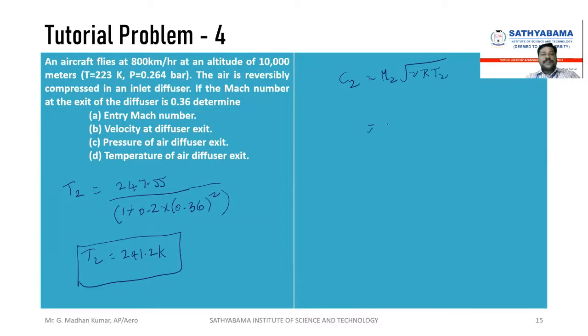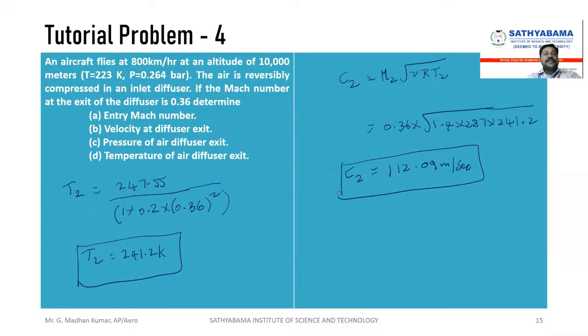So what is your M2? 0.36 into square root of gamma R T2, which is 1.4 times 287 times 241. That is the value of T2. What is the value of C2? So C2 is 112.09 meters per second. Very good, Bhadrath.